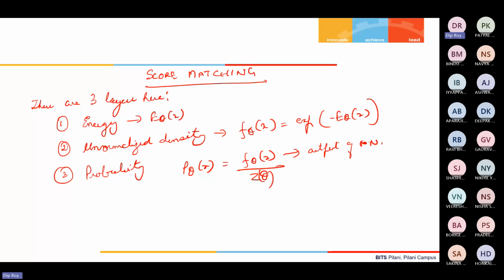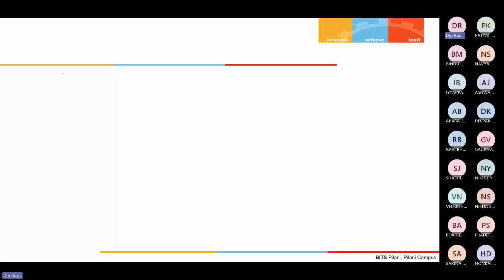Now, what can we do here? The primary form here is this. We can take the log of both sides. What will happen?